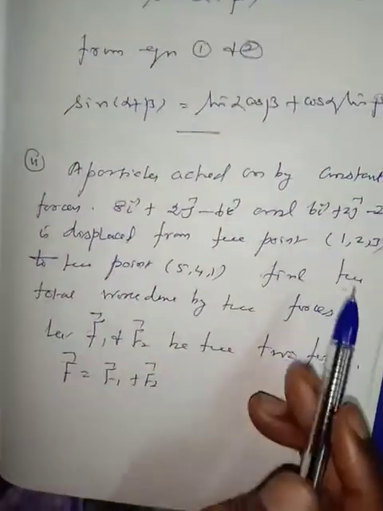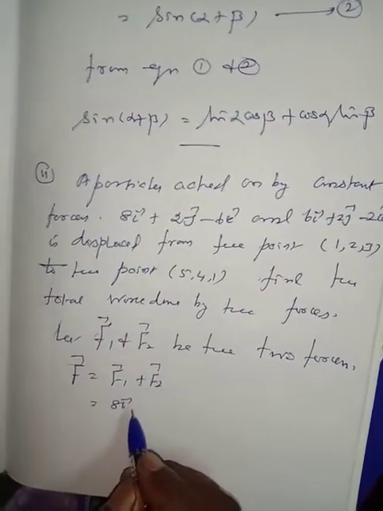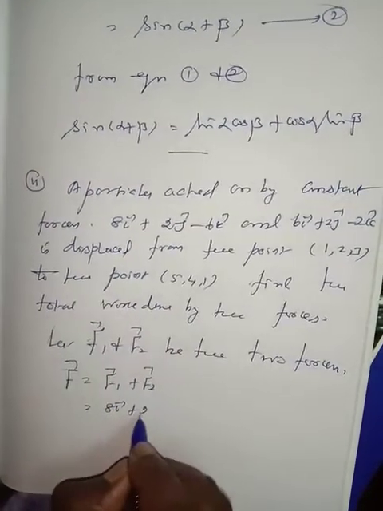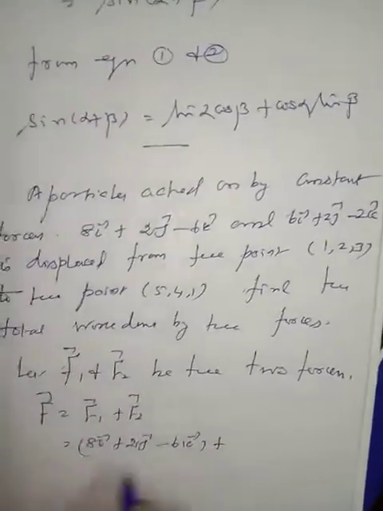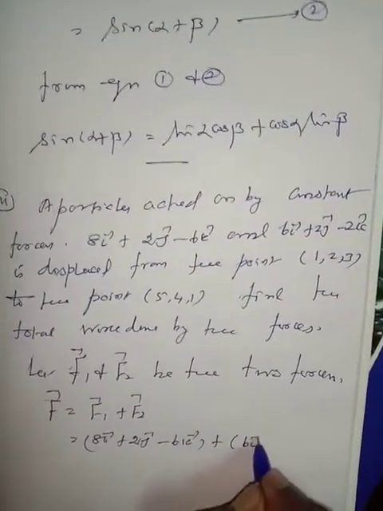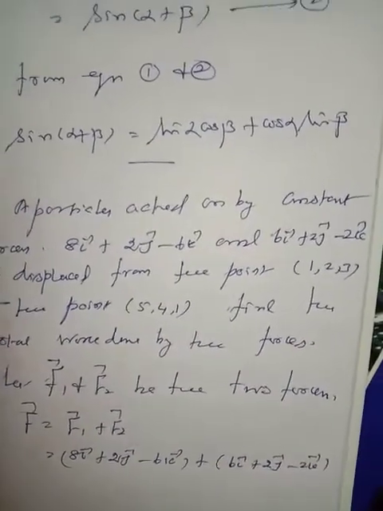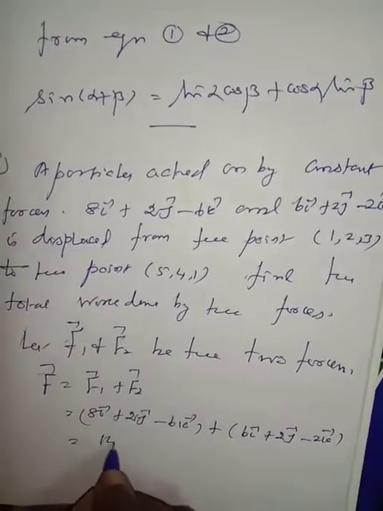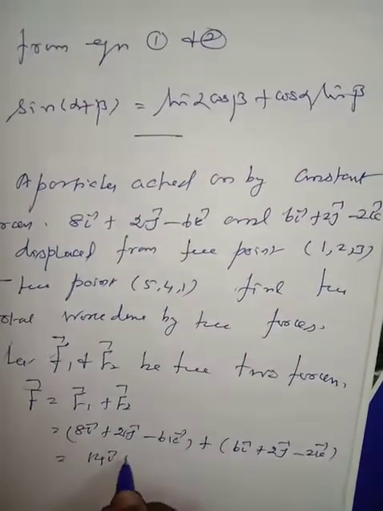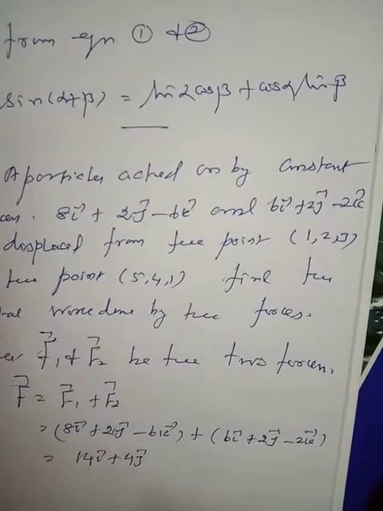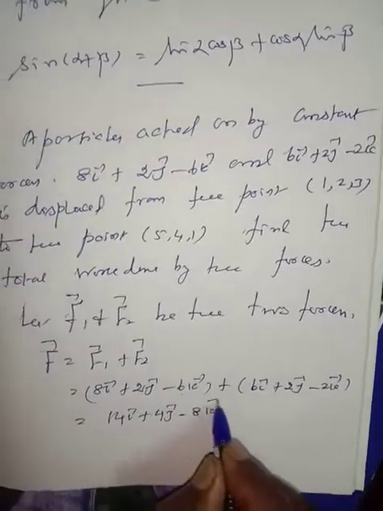Adding the first two vectors, 8i vector plus 2j vector minus 6k vector plus 6i vector plus 2j vector minus 2k vector is equal to 14i vector plus 4j vector plus minus 8k vector.